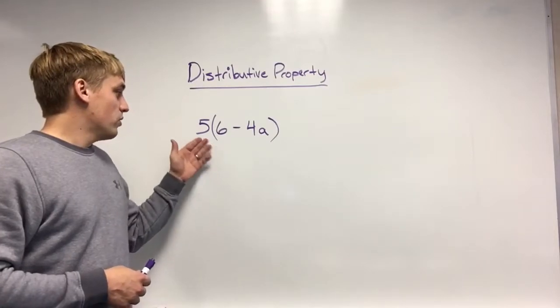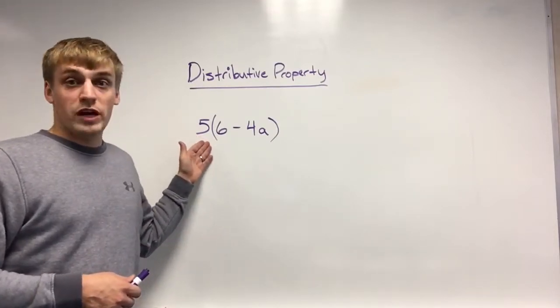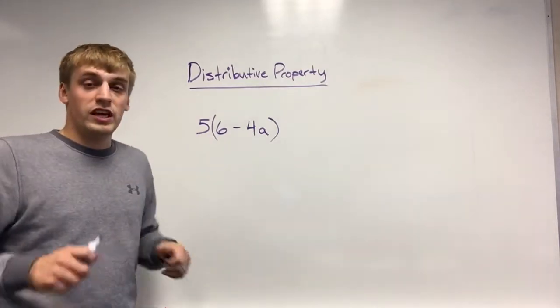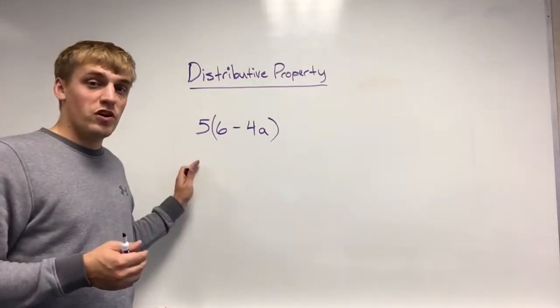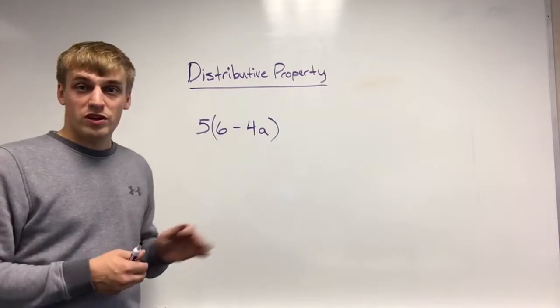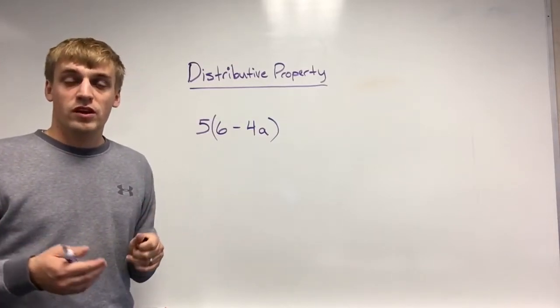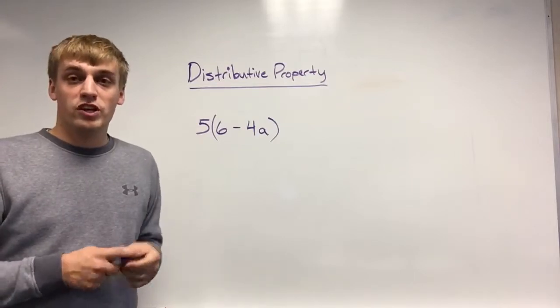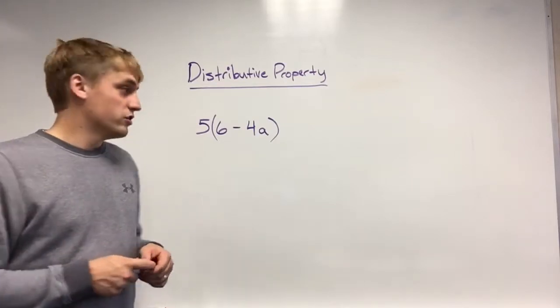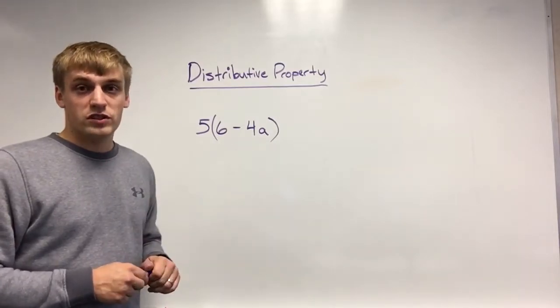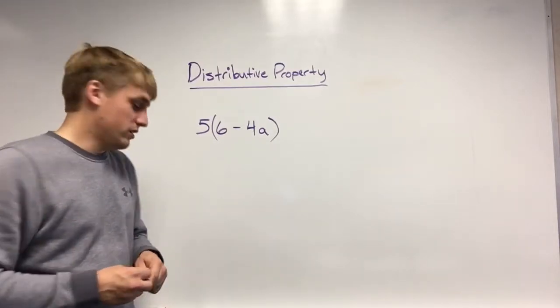But we can multiply on the outside 5, just like any other time when a number is right next to a set of parentheses. The operation is multiplication. So in distributive property, we are going to use multiplication to distribute the 5 to each of the terms inside of the parentheses.